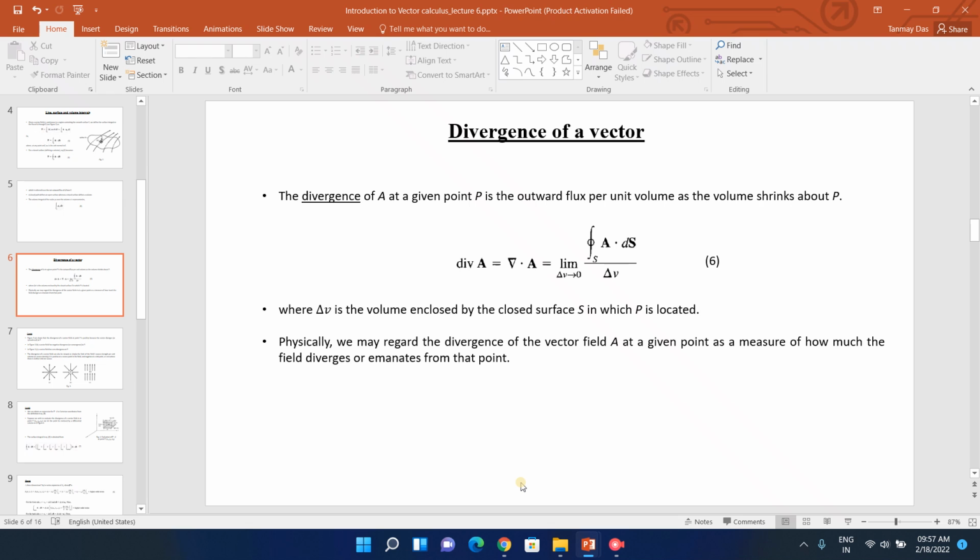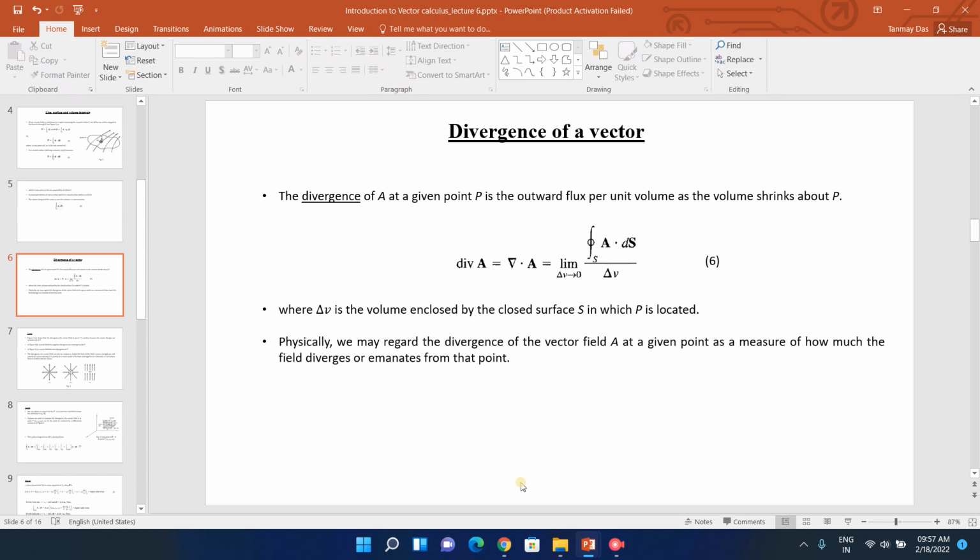Since the del operator itself is a vector, and we are applying it on another vector, there are two possible ways of operating two vectors at a time. Suppose vectors A and B: we can apply either a dot product or a cross product.